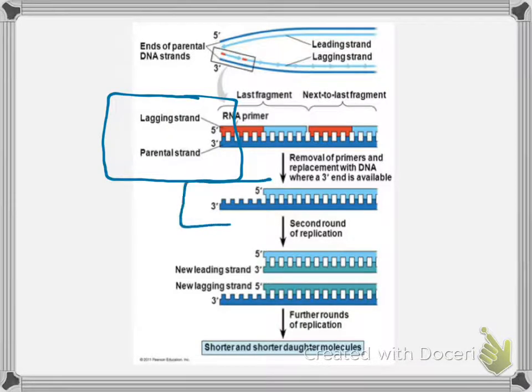Okay, so it's going to recognize the tips of the chromosome, and it's going to recognize that it's missing a replicated section. And what that telomerase is going to do is it's going to go ahead and extend the parental piece of DNA so that there is room for an RNA primase to go ahead and lay down an RNA primer, so that there is a site where the polymerase can go ahead and bind and then add its sequence.